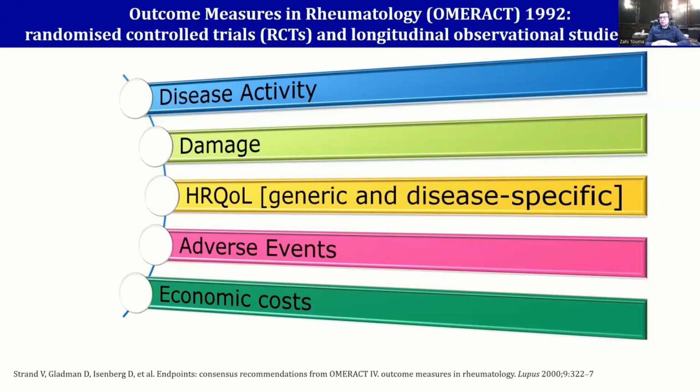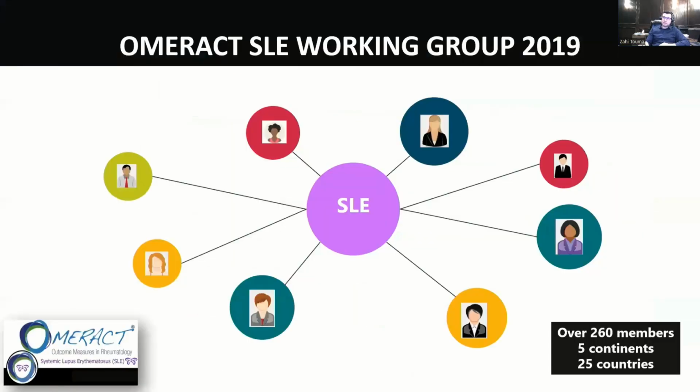In 1992, OMERACT, or the Outcome Measures in Rheumatology, proposed 5 domains to be assessed in randomized trials and observational studies. This includes disease activity, damage, health-related quality of life, generic and lupus-specific, adverse events, and economic costs.